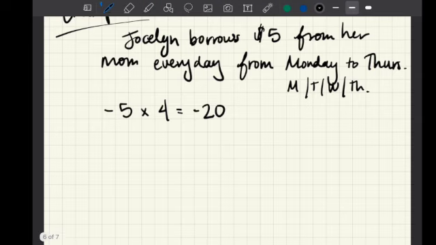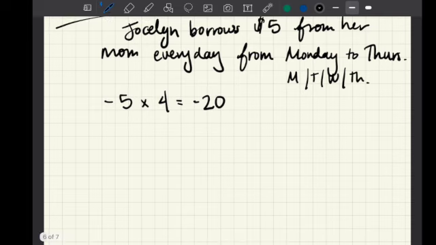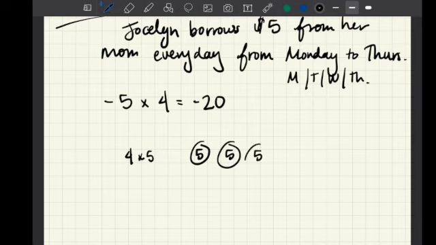Okay, so when we first learned about multiplication, let's say we have 4 times 5 still. We can show this as 4 groups of 5, or we can show it as 5 groups of 4.